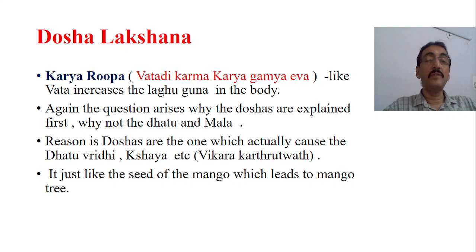Therefore, doshas are explained in the beginning. It is just like the seed of the mango which leads to the mango tree. From the doshas themselves, the dhatus and malas are formed. So doshas are explained first, and these doshas can be identified by two important things: one is their swabhava, and another is karya. I have also given the example.